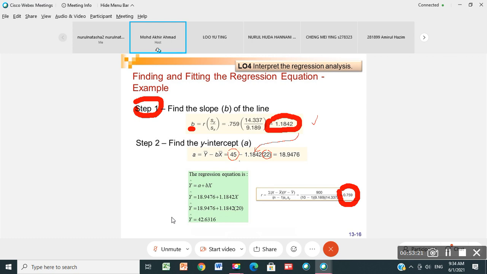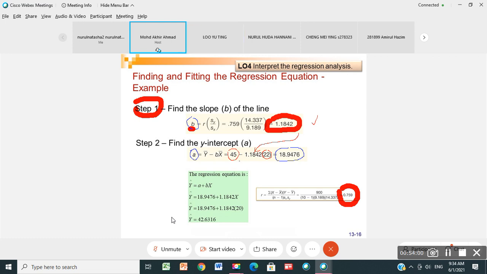Cuba try lagi sekali: 45 minus 1.18 times 32. Okay, then we get the answer 18.94. Now we already have the B value and the A value. Okay, thank you, Lu.